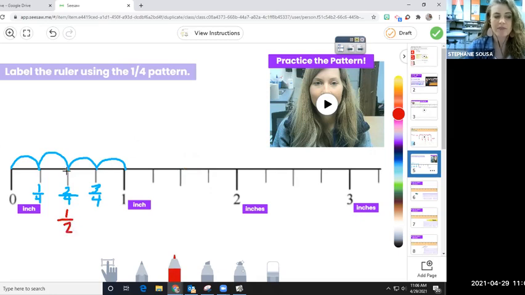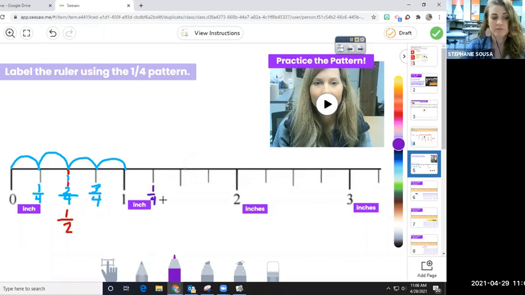So when it's on this tick mark here, we can call this 2/4, or we can call it 1/2. They mean the same. Okay? And then that pattern just continues. 1/4, 2/4, 3/4, 1 whole. And we're going to continue.